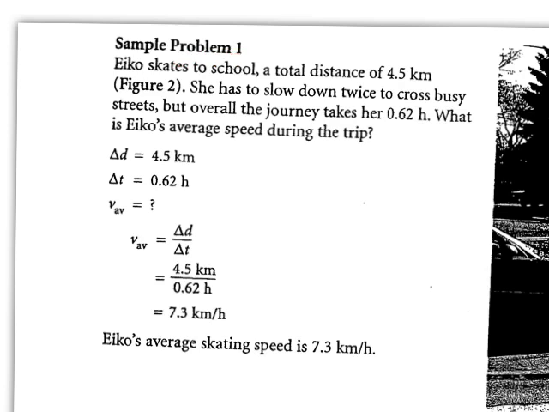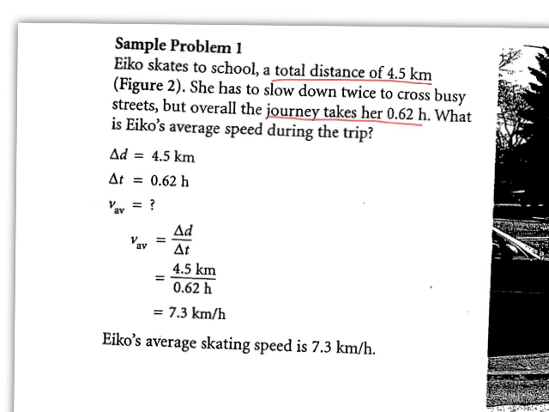So sample problem number 1. So we've got Eco skates to school a total distance of 4.5 kilometers. She has to slow down twice to cross busy streets, but overall, the journey takes her about 0.62 hours. What is Eco's average speed during the trip? So the change in distance is 4.5 kilometers because we don't have to figure out initial and final distance.